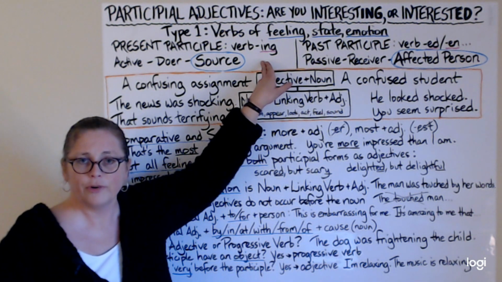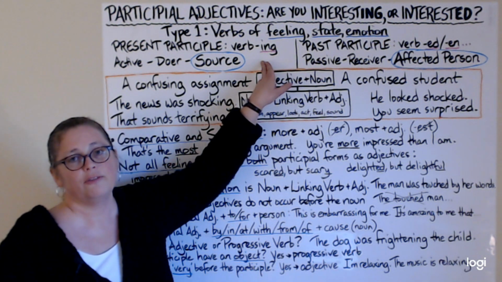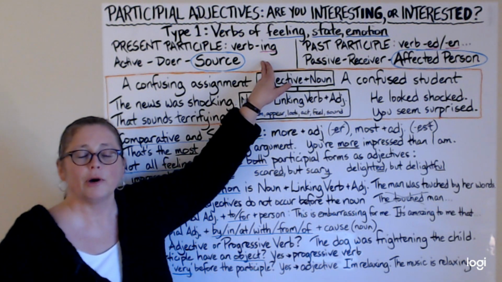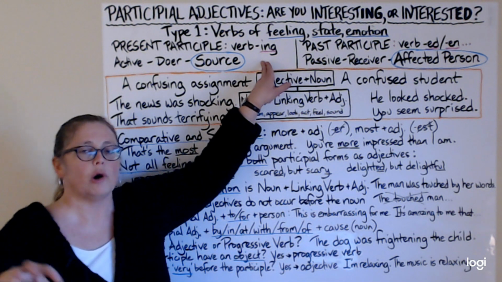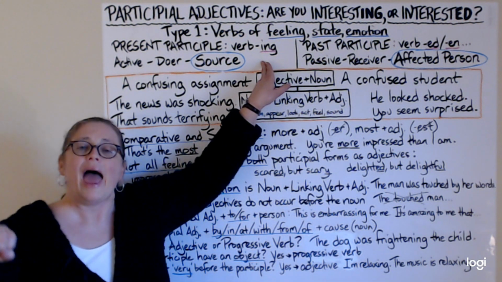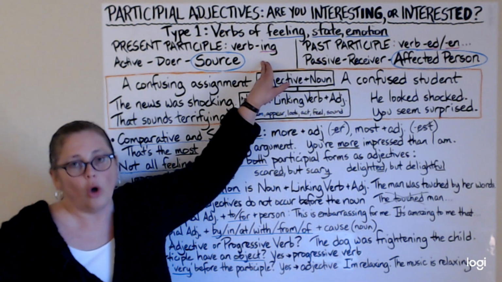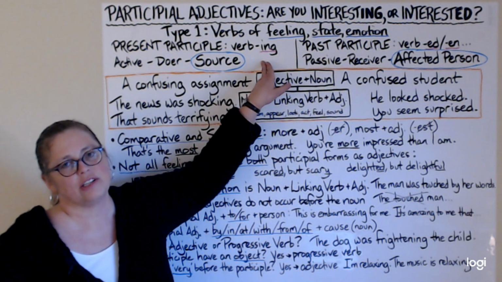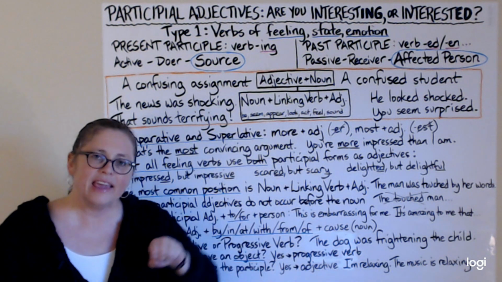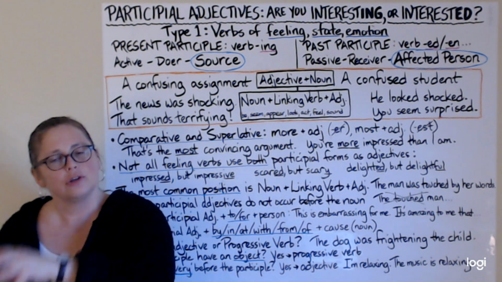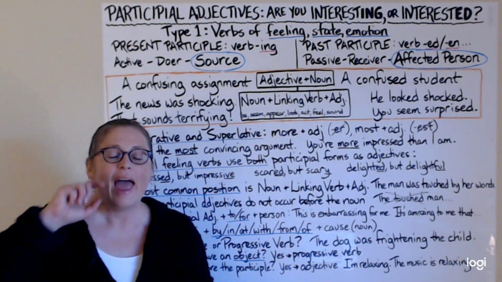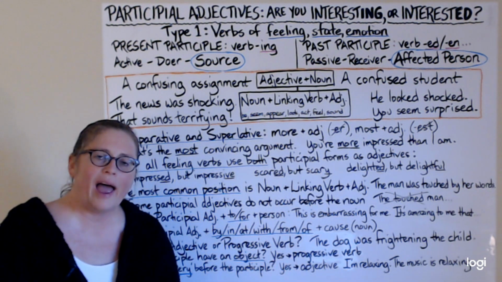Frustrate is a verb. So the ing form is a form of the verb. However, we take that form, and we can use it also as an adjective. So we're just taking the form from the verb and changing it to be an adjective. And this is what's called a participial adjective.